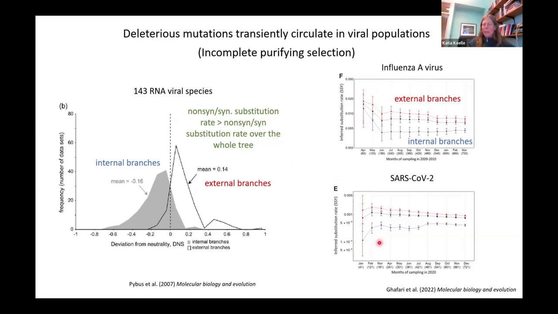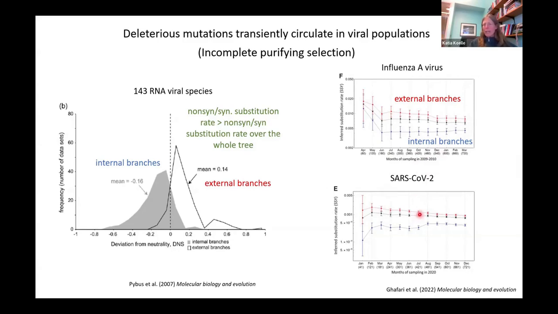This more recent paper by Mahan Ghafari was looking at the duration of time for sampling and how that affects substitution rate estimates. But all I wanted to point out with this paper was that they inferred clock rates for external branches as well as internal branches, both for influenza A virus, this is the pandemic 2009 one, not the imminent pandemic H5N1 one, as well as for SARS-CoV-2.